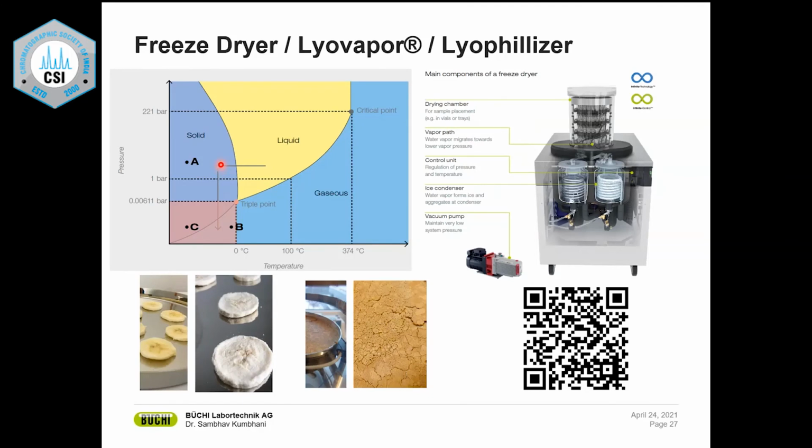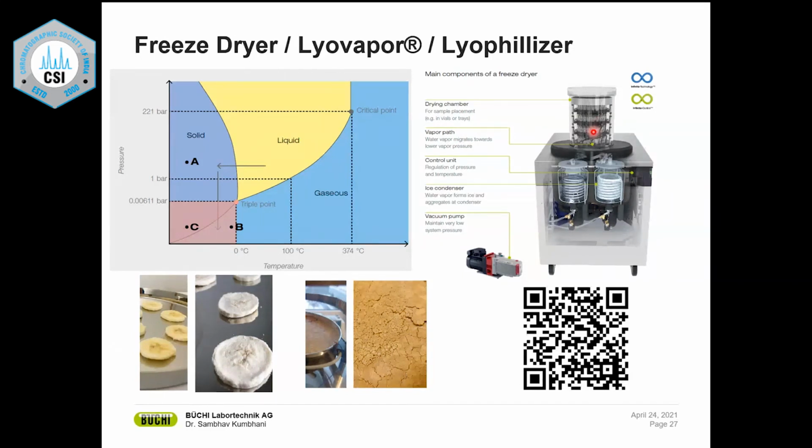And then once it's frozen, you load it in the lyophilizer in sample vials, or you can use this rack, but you can also use your flasks. You can use dishes like these ones, or you can just place it right as it is inside the chamber.